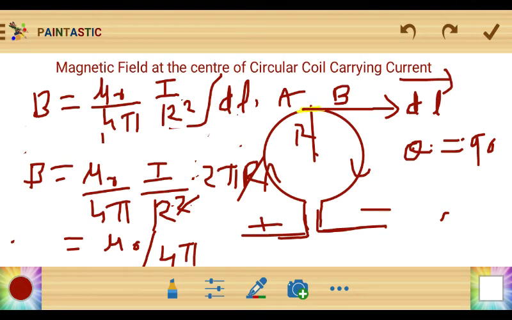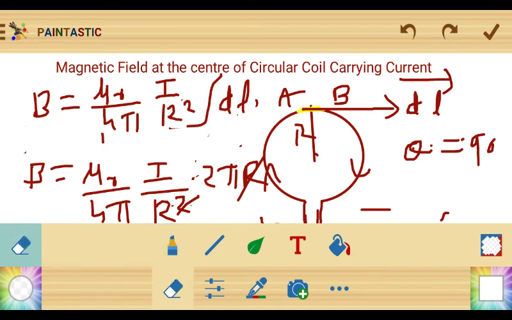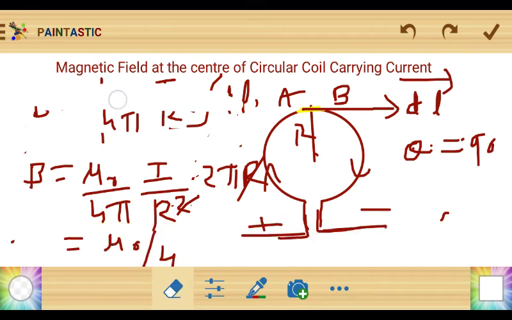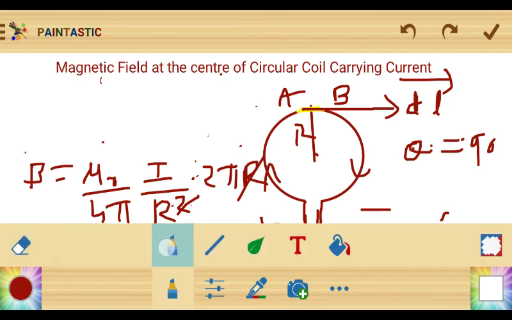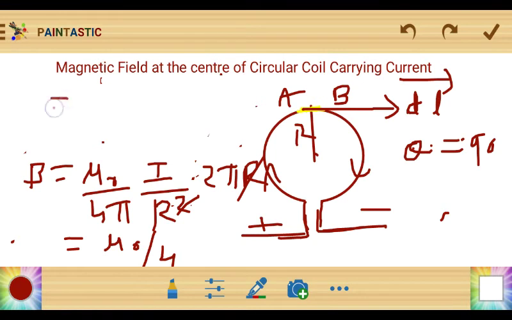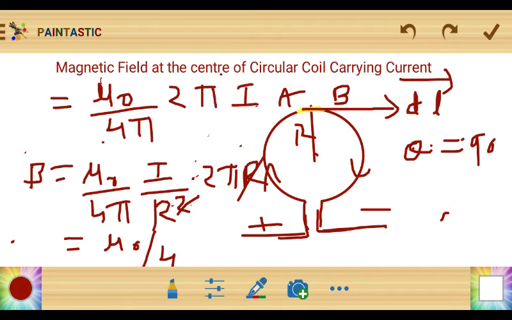Okay, I'll write it somewhere else. So the integral is simply mu 0 times 2 pi I upon r.